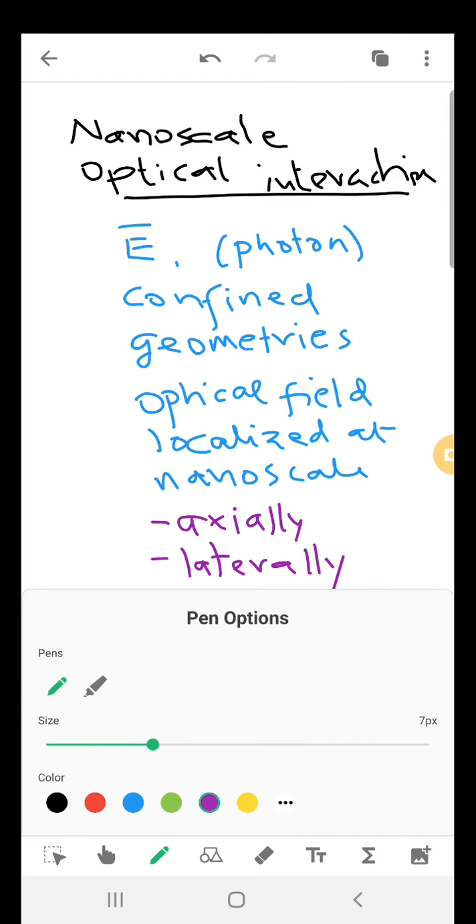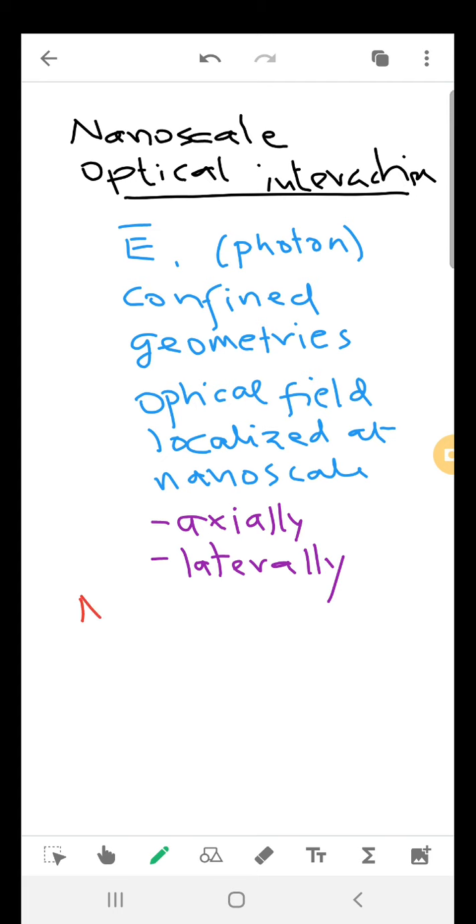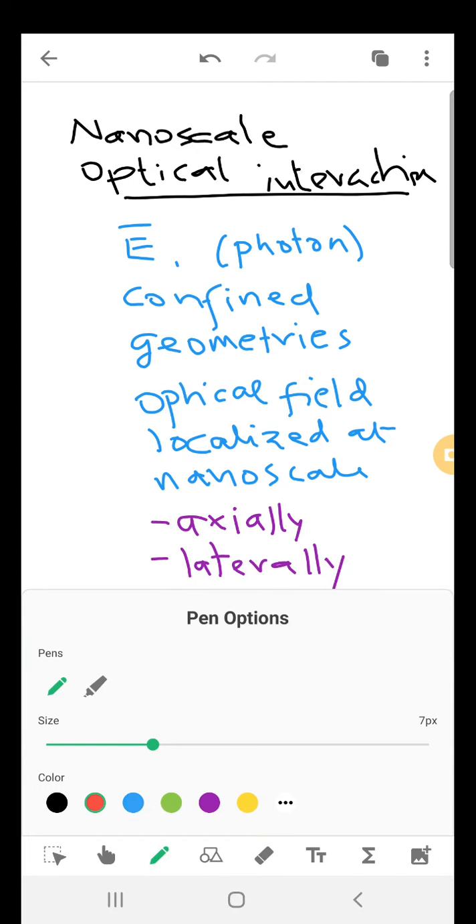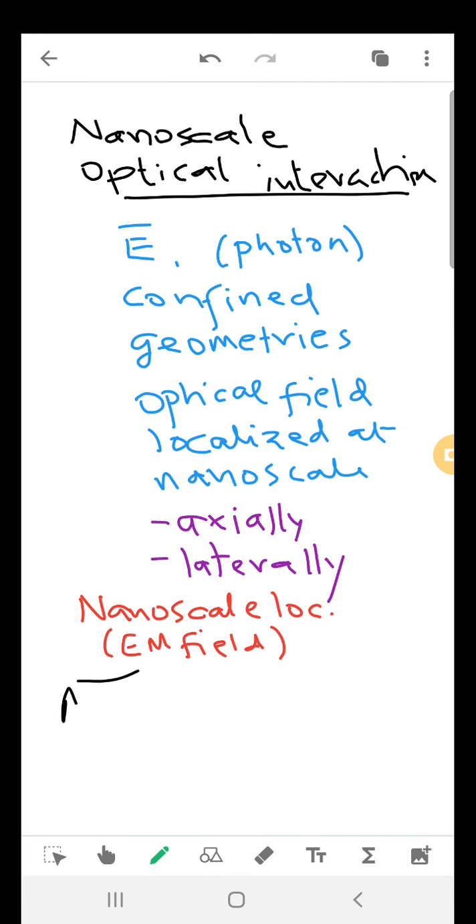So if we say the nanoscale localization in the presence of EM field, then it can have two divisions, axial division and lateral division. This axial division has again two subdivisions.